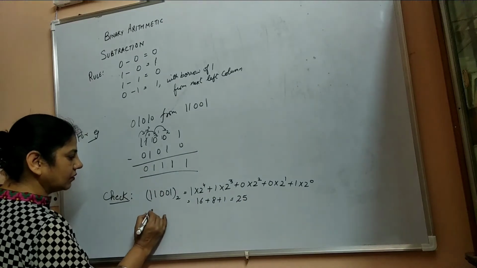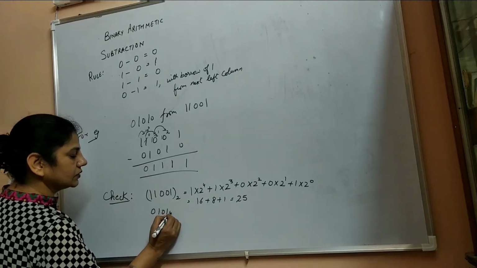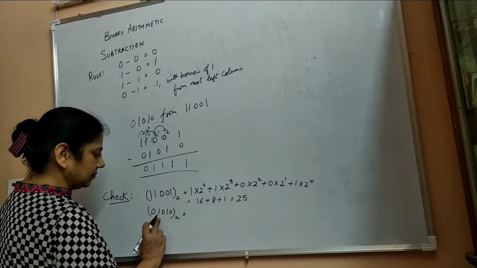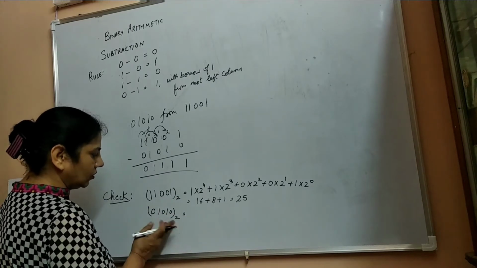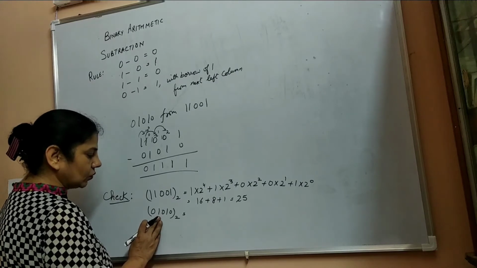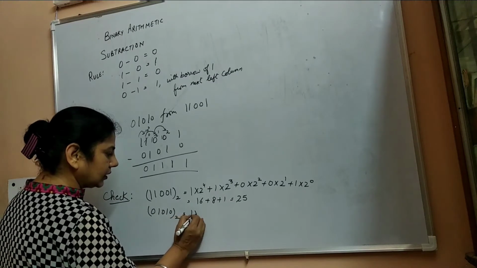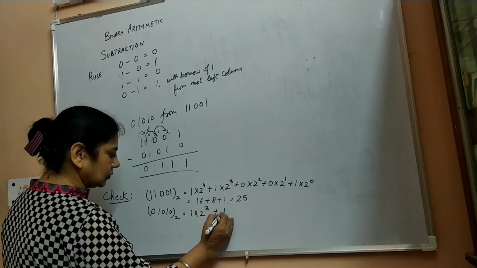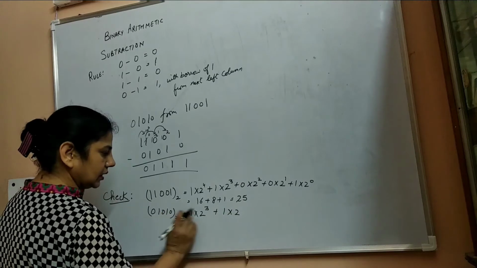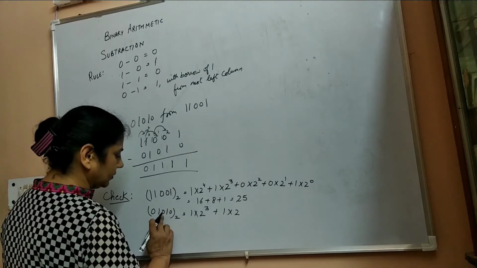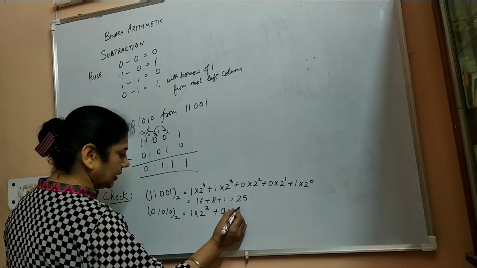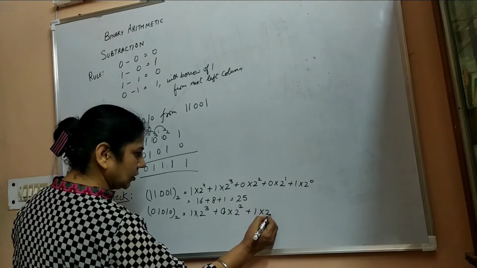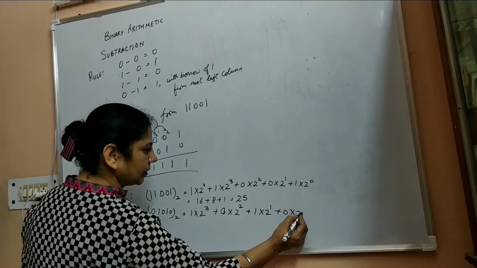Next, I will take 0, 1, 0, 1, 0 to the base 2 and convert this into decimal form. The leading 0 need not be written, it doesn't have any value. So 1 into 2 to the power 3, plus 0 into 2 to the power 2, which has no value, plus 1 into 2 to the power 1, plus 0 into 2 to the power 0.